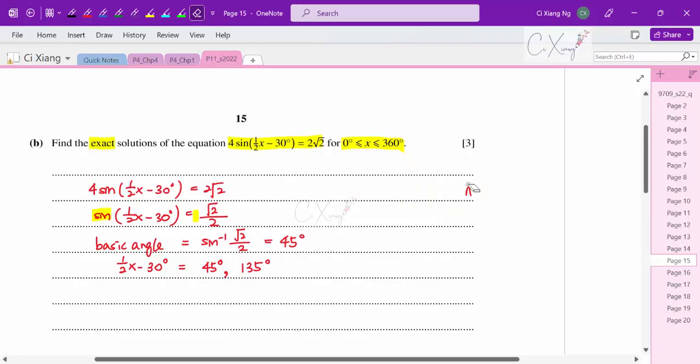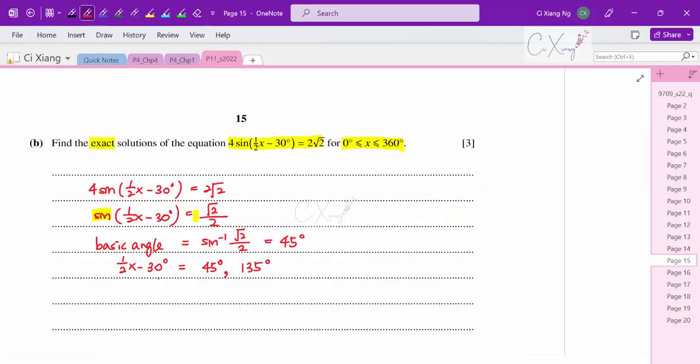Right. Then next, I try to move the 30 over and also multiply by 2. If I bring the 30 over, it becomes 45 plus 30, 135 plus 30. And after that, I multiply each answer by 2. I will get 150 for the value of x and also 330 for the value of x.